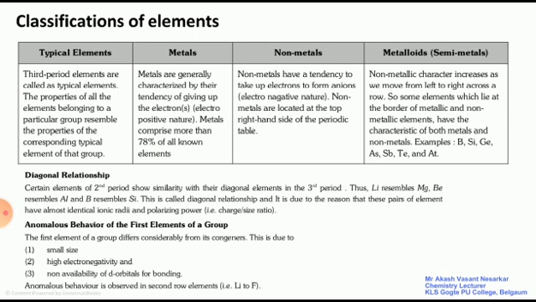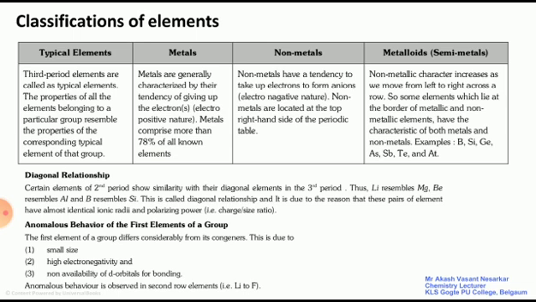Third period elements are called typical elements because the properties of all the elements belonging to a particular group resemble the properties of the corresponding typical element of that group, and therefore these elements, that is third row elements, are called typical elements.